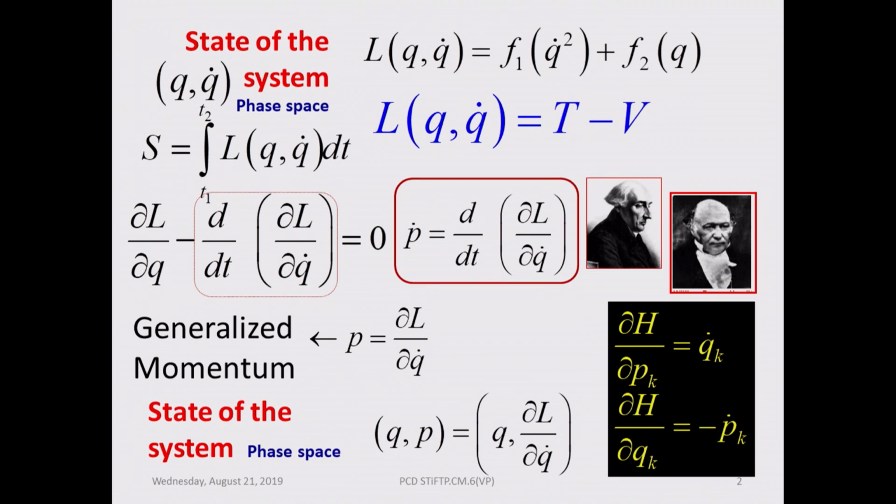But never write the Hamiltonian straight away as T plus V. Always set up the Lagrangian for the system first, okay? Always, as a rule, whether you are doing classical mechanics or quantum mechanics, always set up the Lagrangian first. The Lagrangian will be in terms of the generalized coordinate and the generalized velocity, then find the generalized momentum as the partial derivative of the Lagrangian with respect to the generalized velocity.